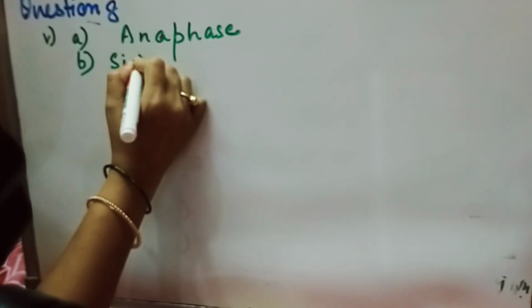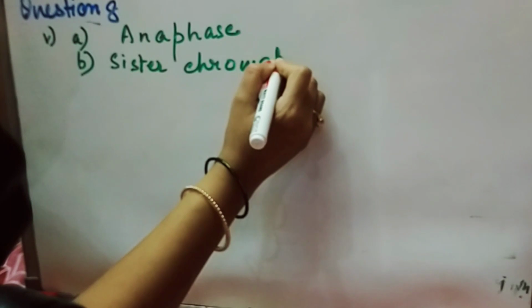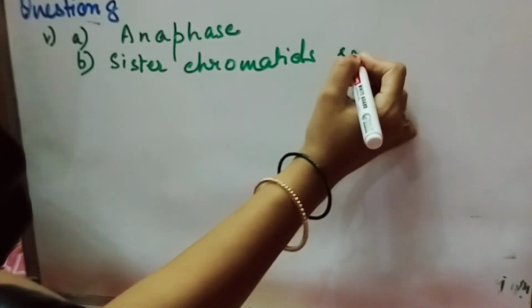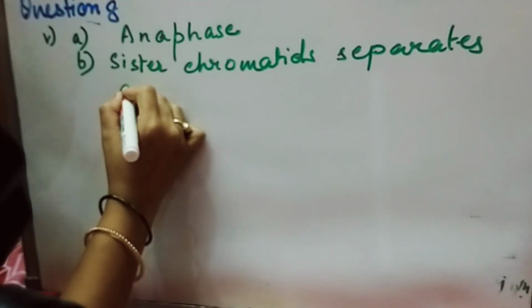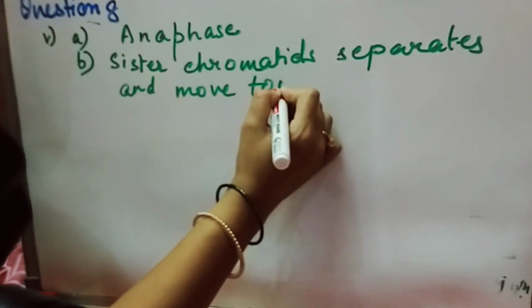Sister chromatids separate and move towards opposite poles.